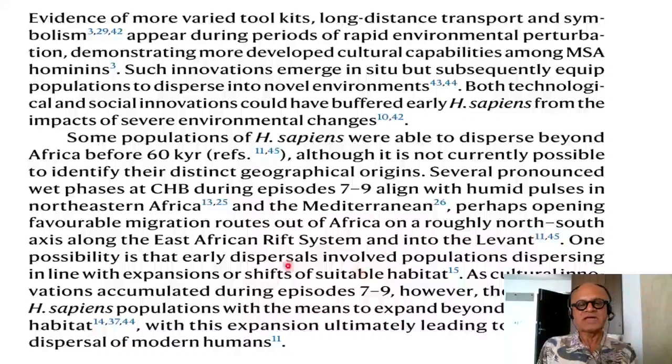One possibility is that early dispersals involved populations dispersing in line with expansions or shifts of suitable habitats. This is the Axel Timmerman kind of hypothesis that suitable habitat indices can be used to conclude about expansions and migrations and diaspora.